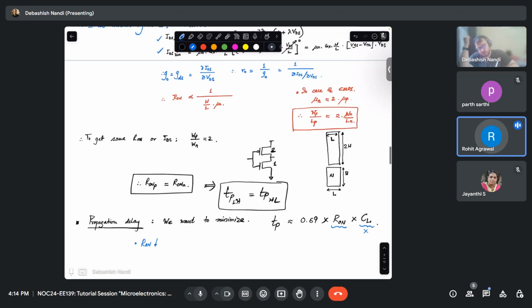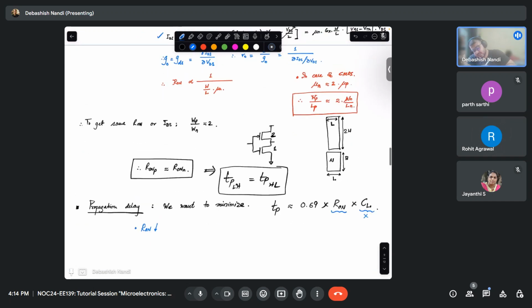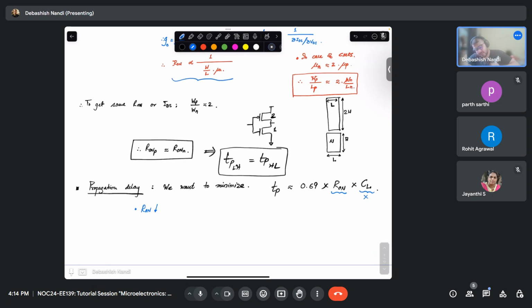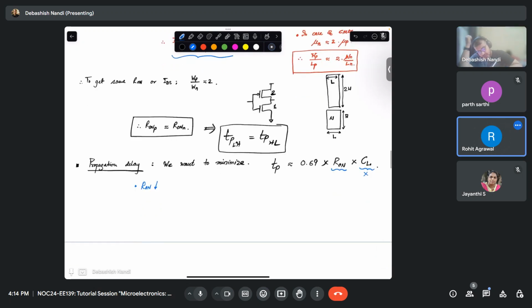Sir, by increasing the W by L ratio. From this understanding, right? Yes. So R on can be reduced by increasing W by L. L is generally your constant in the entire circuit. So you generally increase your W. But what is the catch with that?